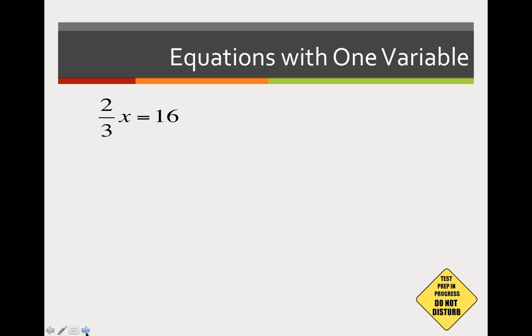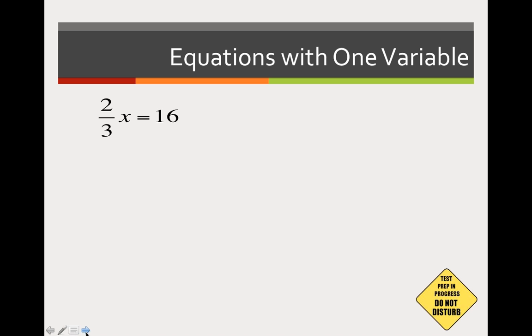Now, the fraction problem is performing two operations. It's dividing by 3 and it's multiplying by 2. So we could do that step by step. We could divide both sides by 3, then turn around and multiply both sides by 3, then turn around and divide both sides by 2. Or we could do it in one step, much like what the fraction does.